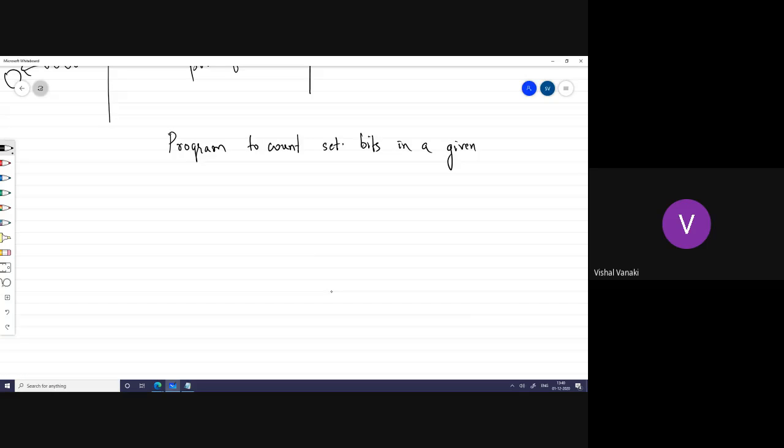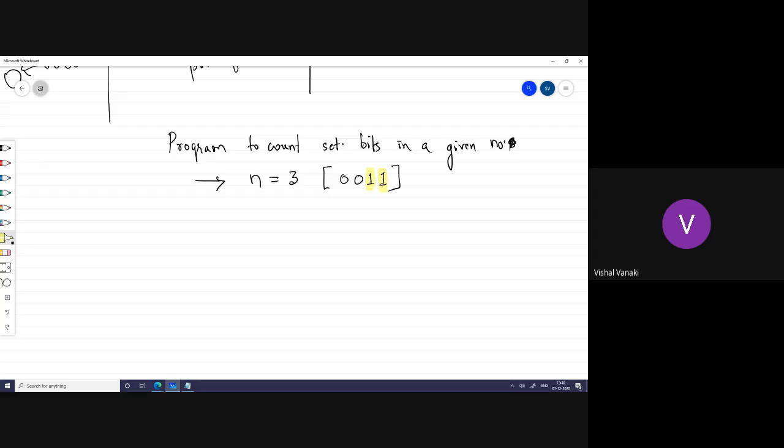Let's say I give you n is equal to 3. Set bits means the bits which are 1. If you think of the binary of 3, 0011, how many set bits do we have? We have 2 set bits in 3. So set bits means the bits which are 1.